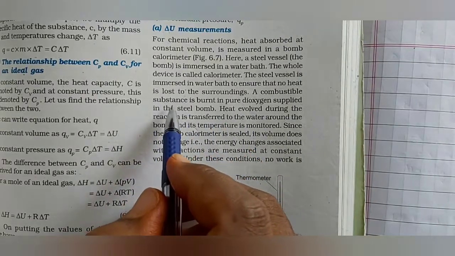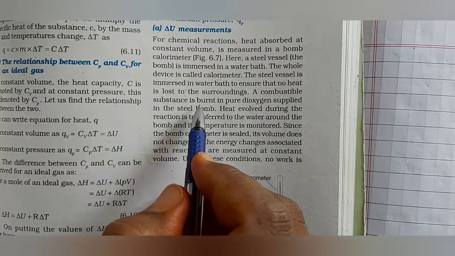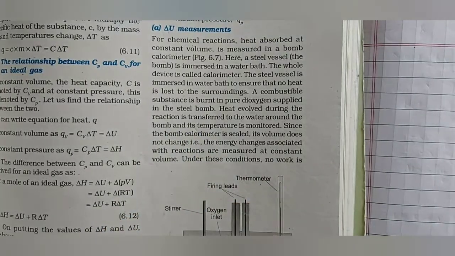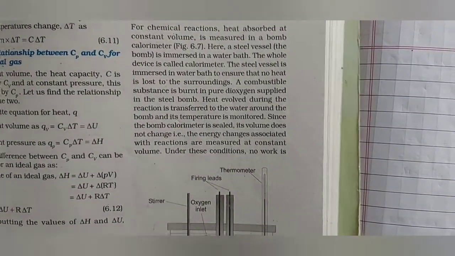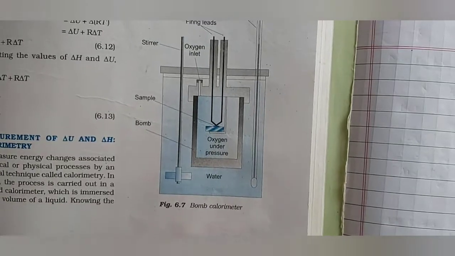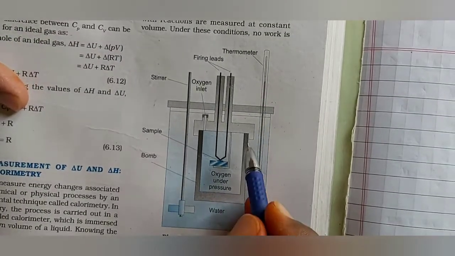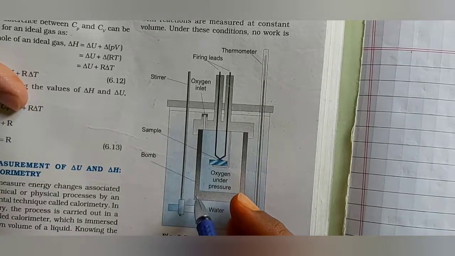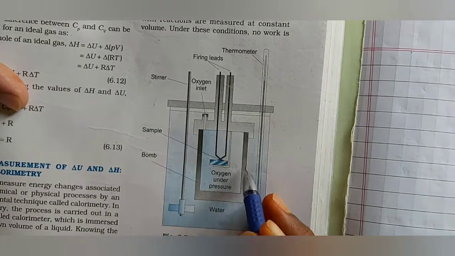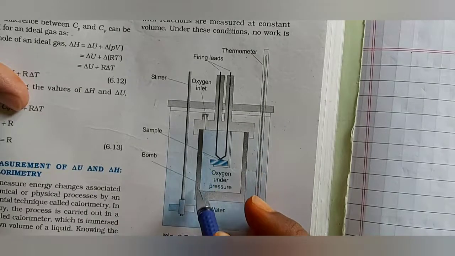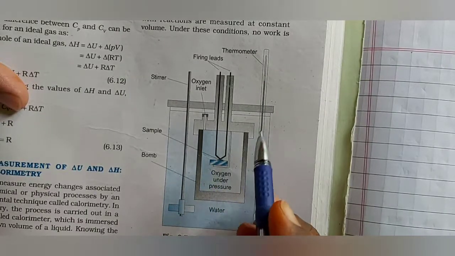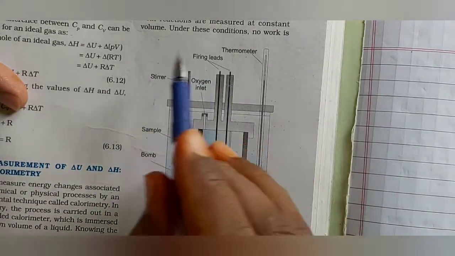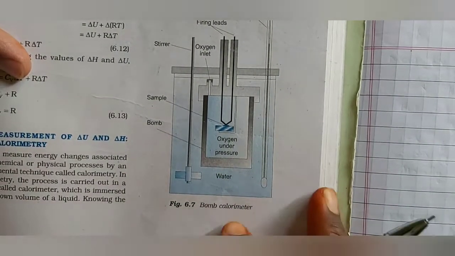A combustible substance is... just 1 second. This is the steel vessel, which is called bomb. The total equipment is called calorimeter. That's why that is called bomb calorimeter.